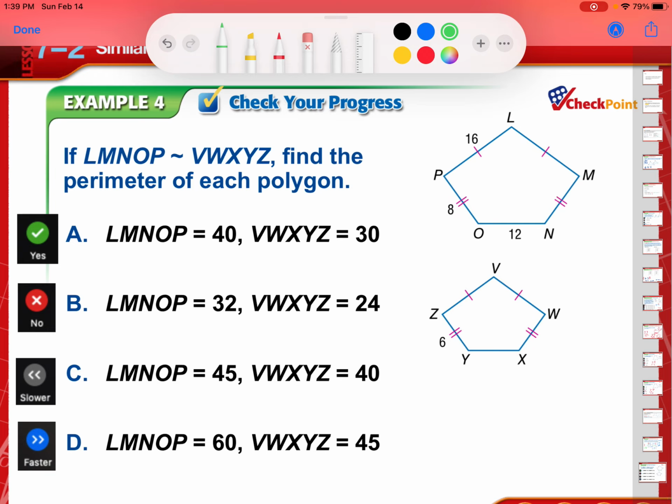All right, now this one you'd be responsible for on your own. However, we'll work it out together since we are here. Right away, I see the scale factor between these. This little one is 3/4 as big as the big one. So the good news is we can find the perimeter of this big one real quick.